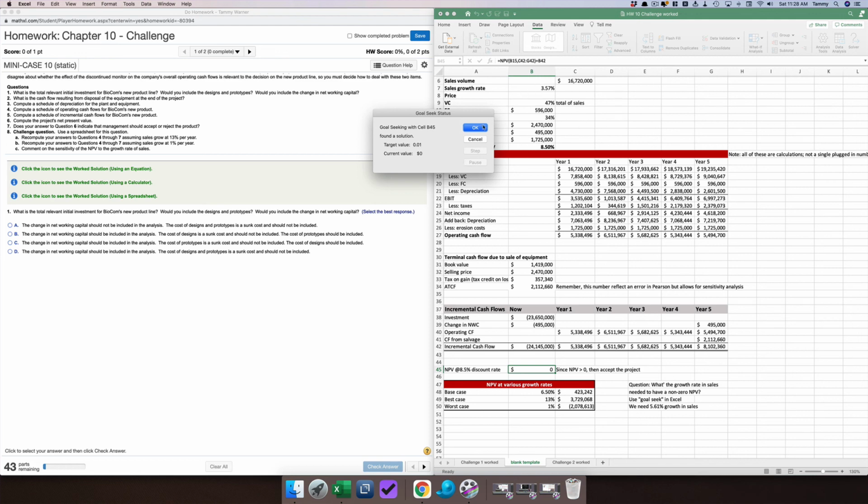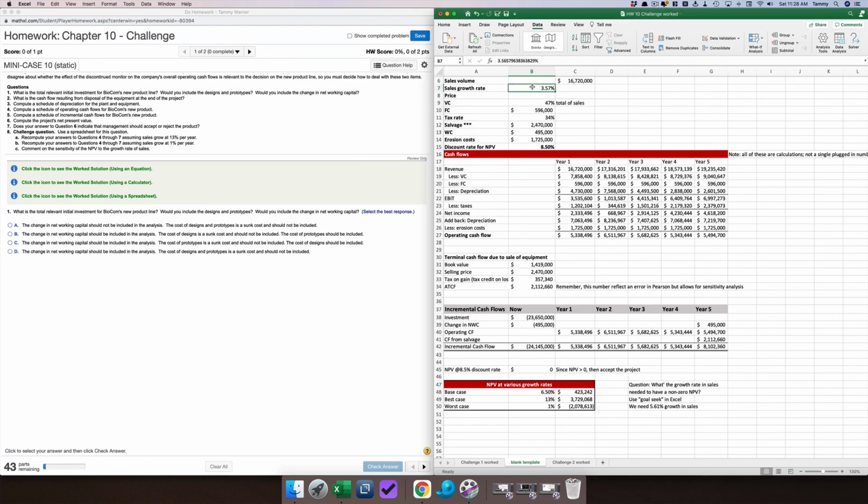Okay, and now this is really cool. If we use the correct after-tax cash flow from disposal, we only need 3.5% growth in sales.